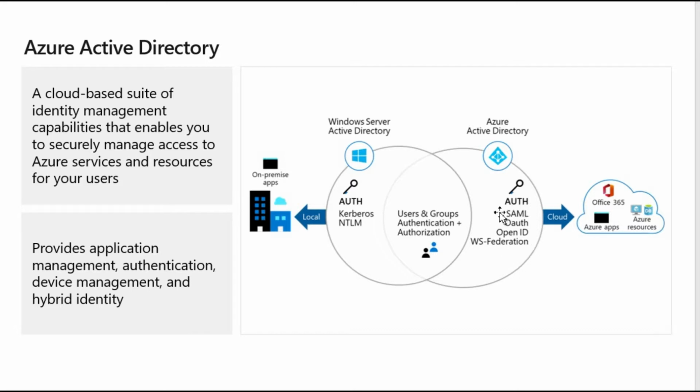Sometimes for application authentication purposes, these protocols are very important, especially when developers build applications. If you want to sign in to the application with a Microsoft account or your company account, the application needs to support this, and Azure Active Directory already supports it. So that's how it functions.